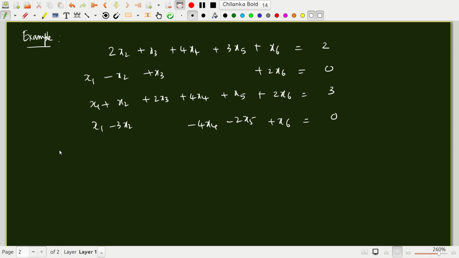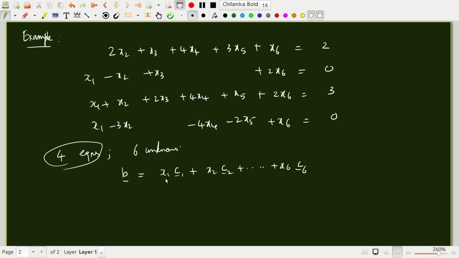So you have 4 equations and 6 unknowns. You are trying to write B as x1 c1 plus x2 c2 plus up to x6 c6. But these c's and b are all 4-dimensional column vectors of order 4 by 1.